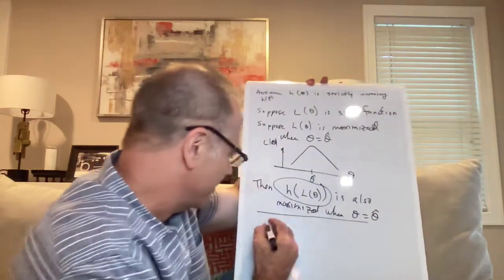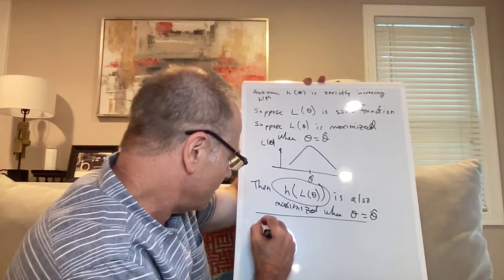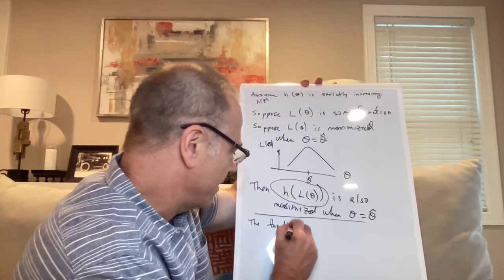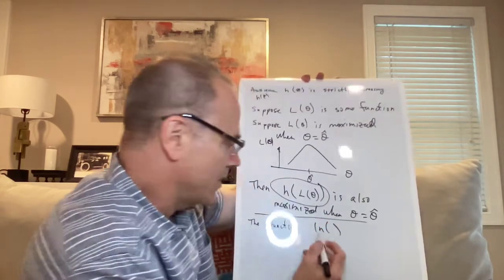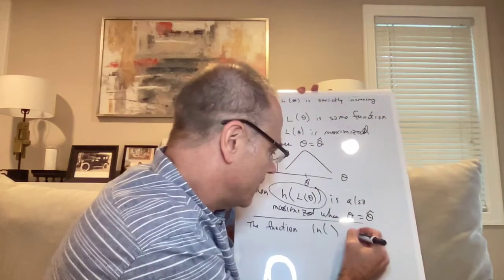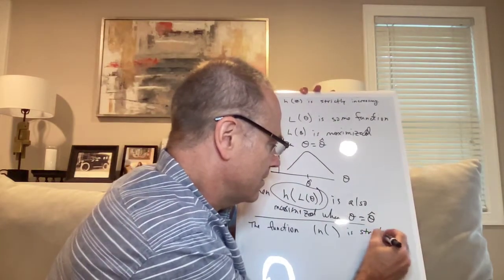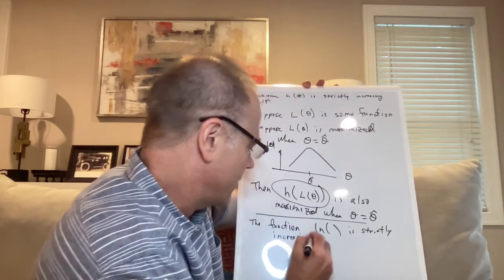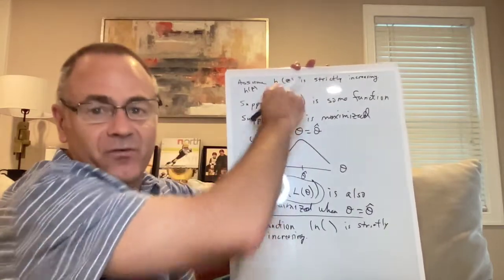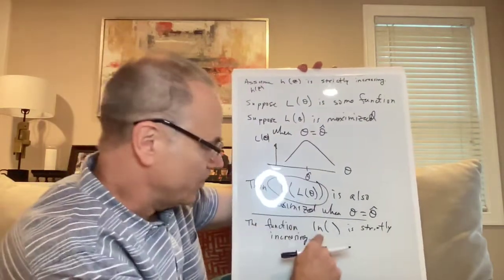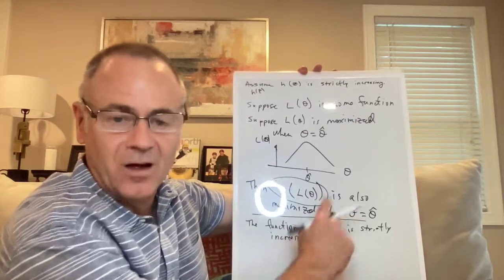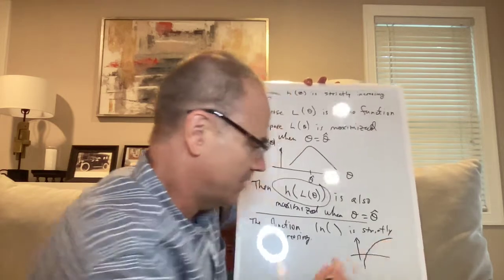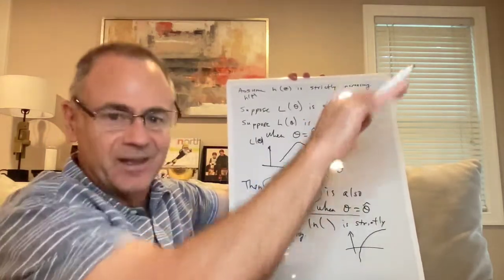Now, all we're going to do is note that the natural log of something is strictly increasing. So everything I said about this very general function h has got to be true for this particular function, natural log. Natural log looks like this. It's strictly increasing.